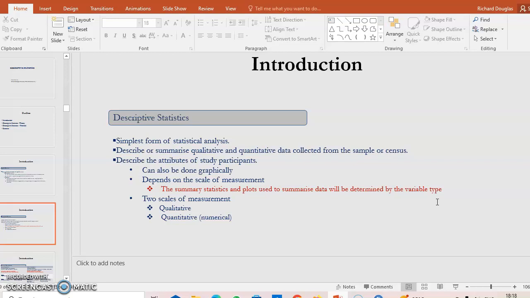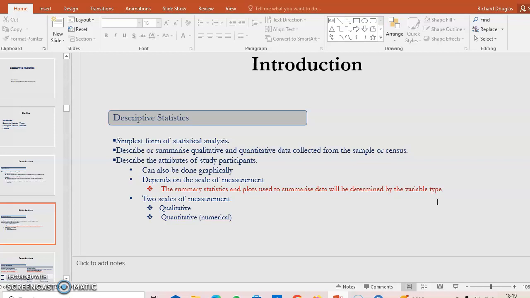So through descriptive statistics, you can be able to describe the attributes of your study participants. In other words, you can be able to describe fully the demographic structure of your participants. Then, through descriptive statistics, this can be presented graphically so that an ordinary person or a layman can be able to visualize your data.